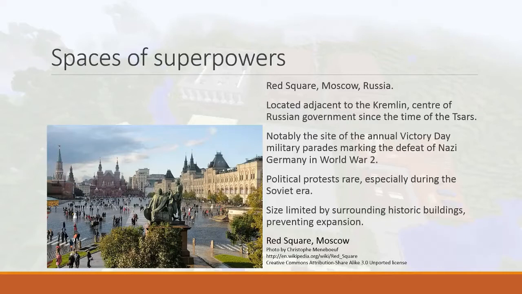If you see that there, it's basically surrounded by important historic buildings, and there's really not enough space for it to expand. So for a huge empire like the Soviet Union was, the square really isn't quite big enough, given how many people might gather here. But you don't want to demolish these fancy buildings around here, so too bad about that.